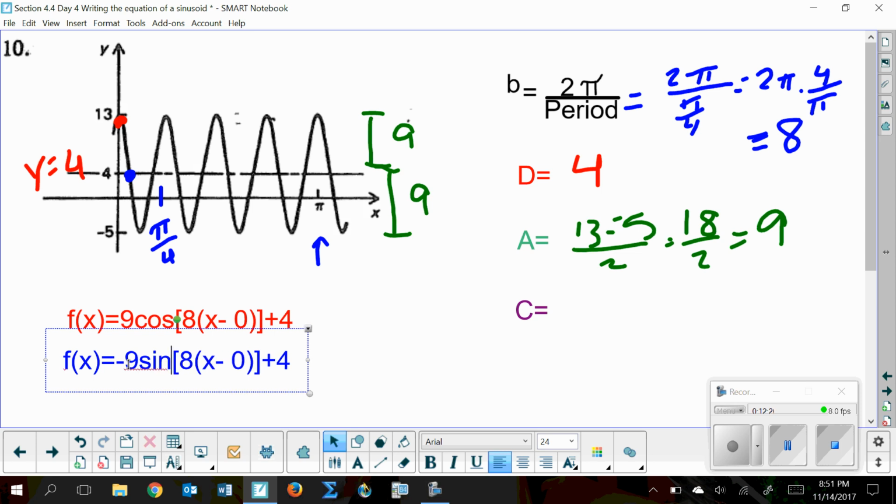I get -9 sine of 8. And I moved 1/4 of the way over, and 1/4 of π over 4 is, this is going to look really bad, I'm just going to write π over 16, and then plus 4. So there's 2 equations.